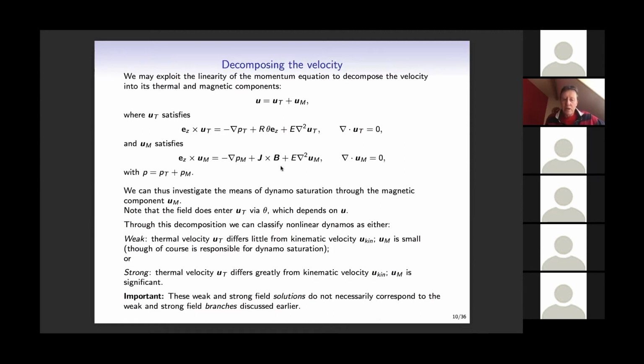I see. Okay. And then because of this inertialess assumption, you can regard your full velocity properly. Of course, you wouldn't be able to do this if you had a u dot grad u term, but having thrown that term away, there is a strict linear decomposition. So you can keep track of thermally driven and magnetically driven. If I add these two equations together, I get my full equation.